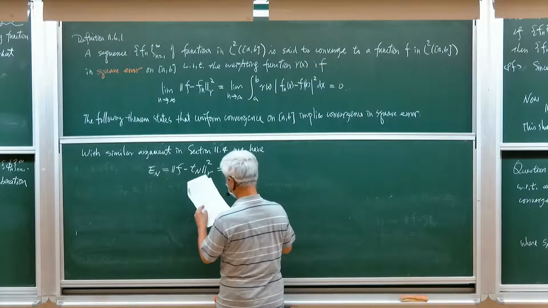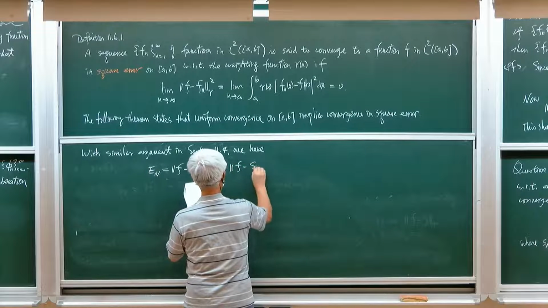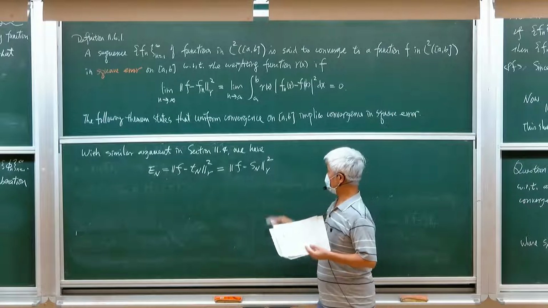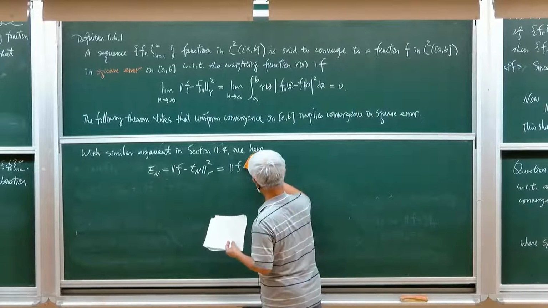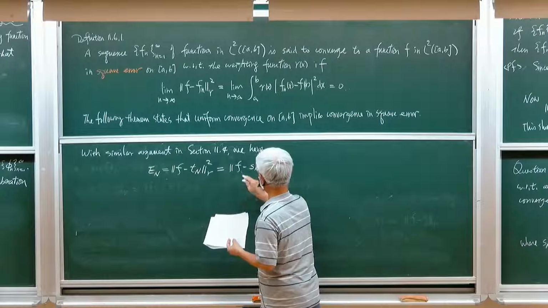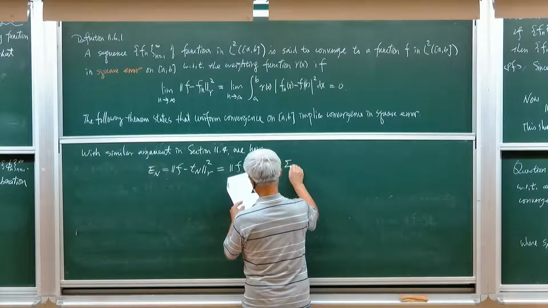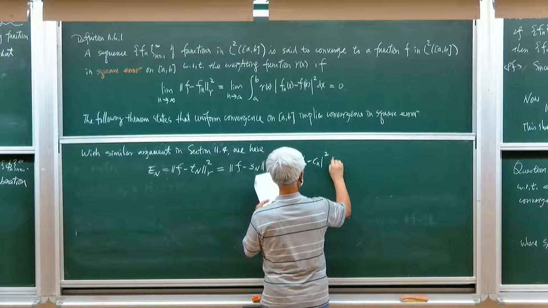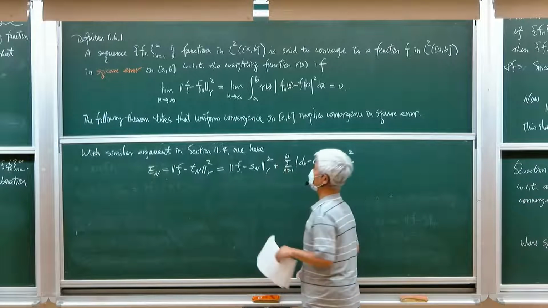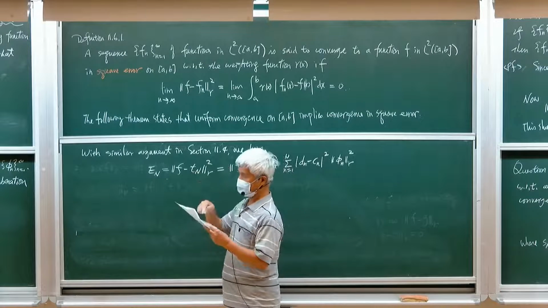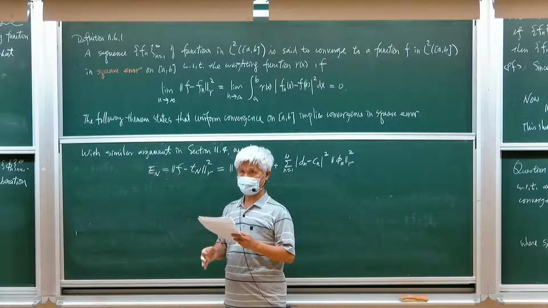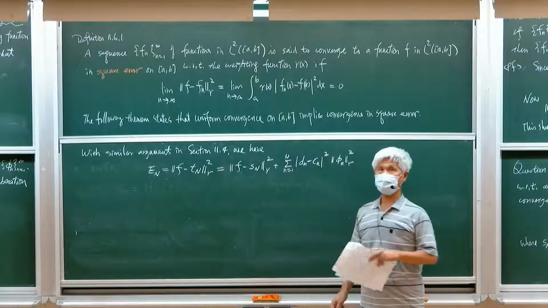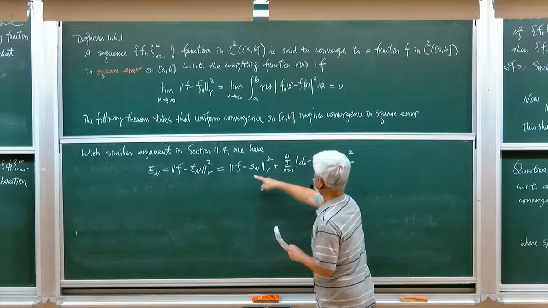All right, so this En is equal to the square of the distance between f and the partial sum function of the generalized Fourier series generated by f, plus the summation of dn minus cn squared. All right. I have written the details in my lecture notes, but with a similar argument as we did in section number 4, we can derive this equality.